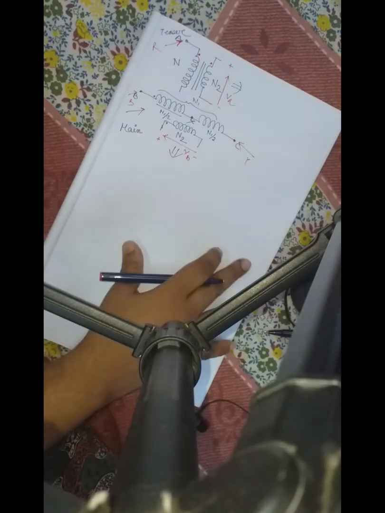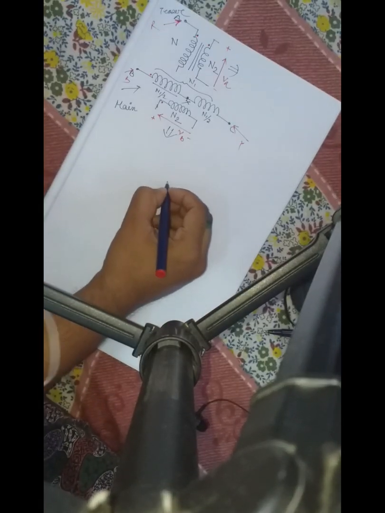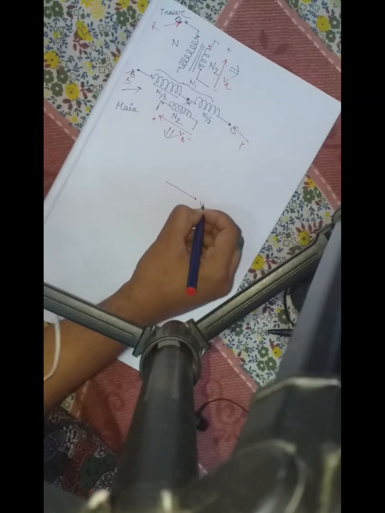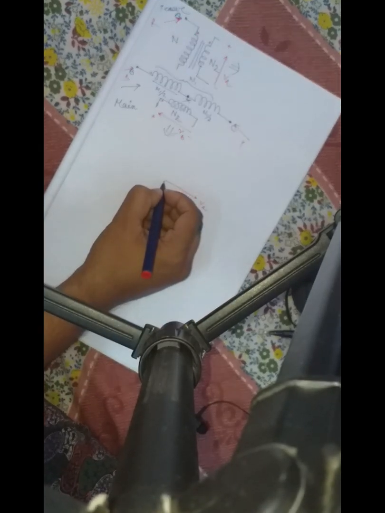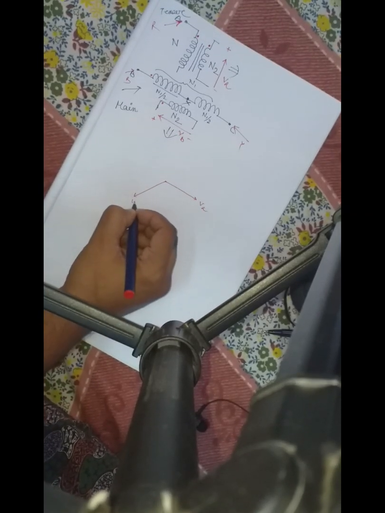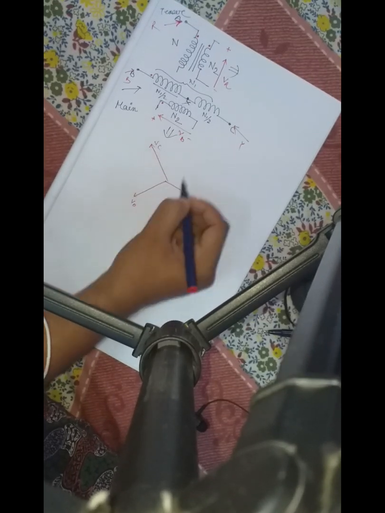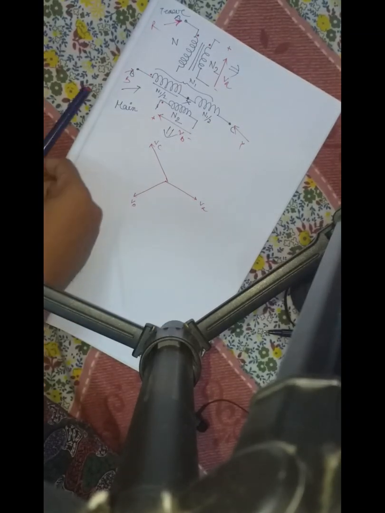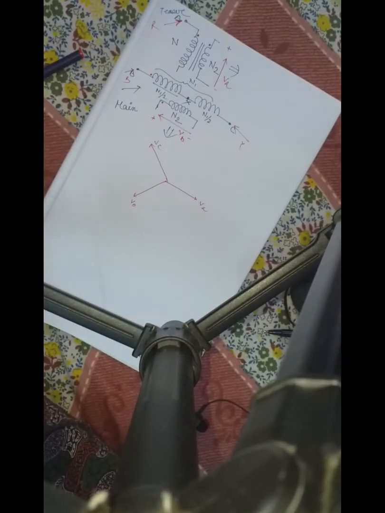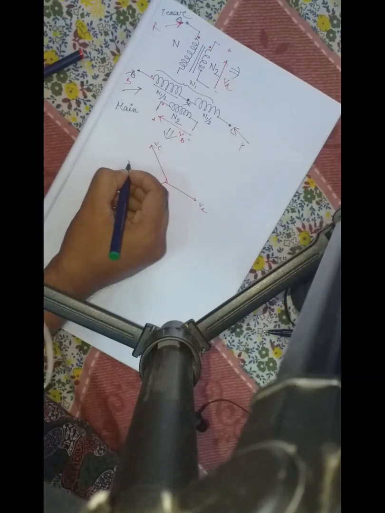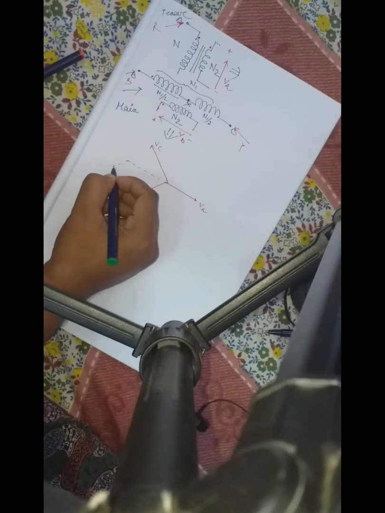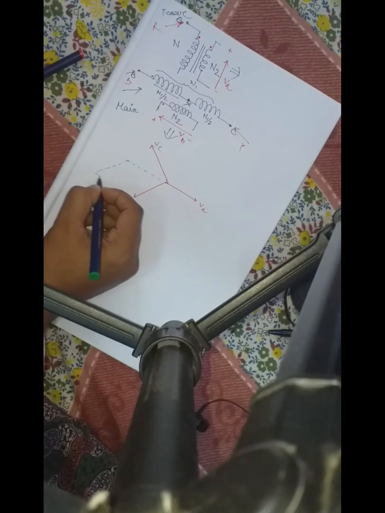The phasor diagram of this, suppose this is VA, this is VB, and this is VC. So what is VAB? It is as in my open delta connection.